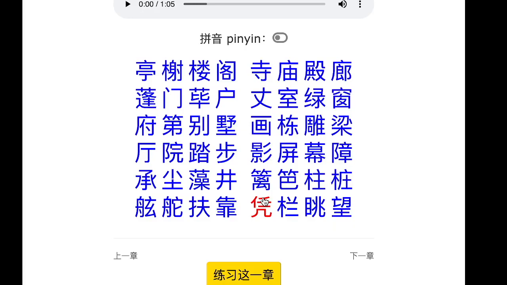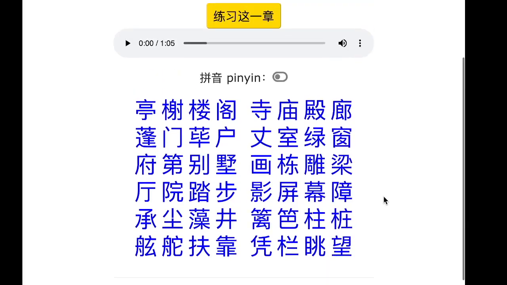And this is 凭栏眺望. The railing, when you're at maybe the roof of a building or something, and you lean against the railing and you look out into the distance. That sort of idea.